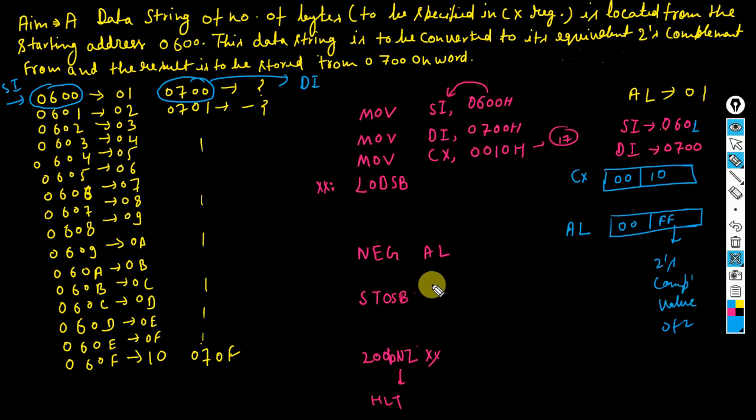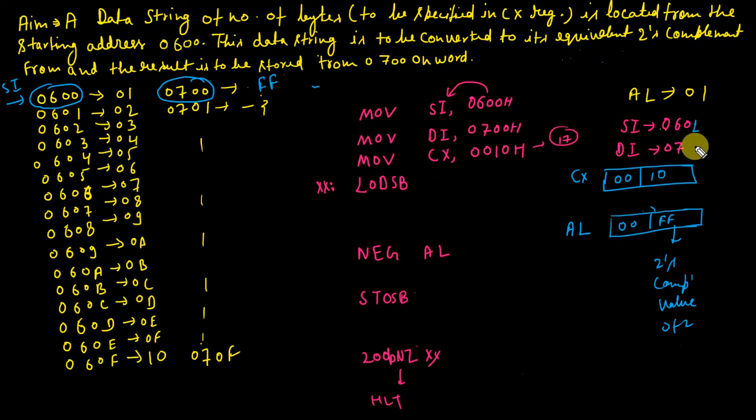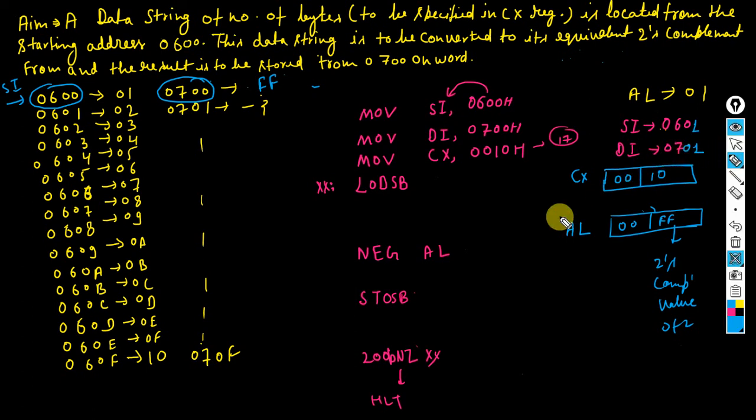Okay, next instruction is STOSB. STOSB means store AL content. This is our AL content. Store AL content to 0700 memory location. So this content is stored in this memory location, and also increases the value of DI by 1. Updated value of DI is 0701.